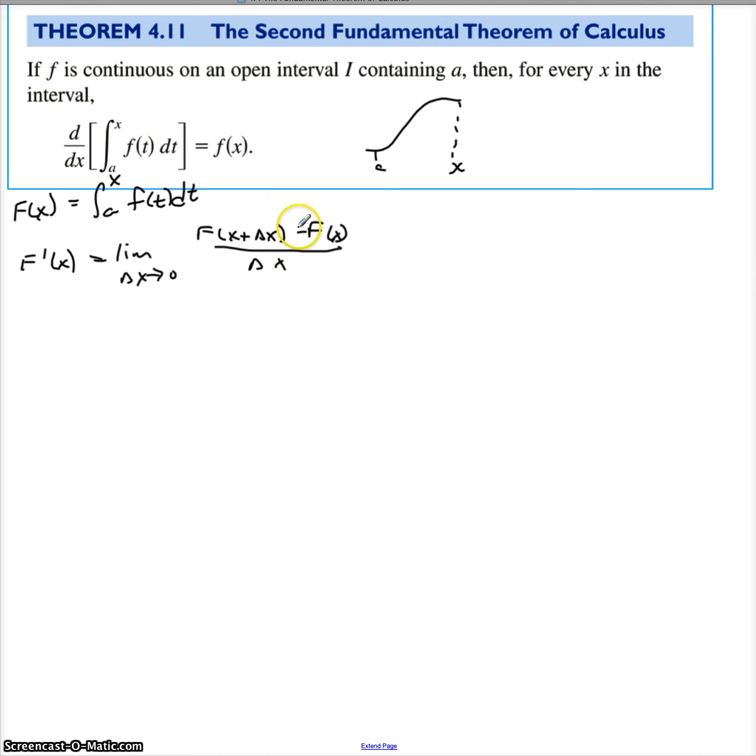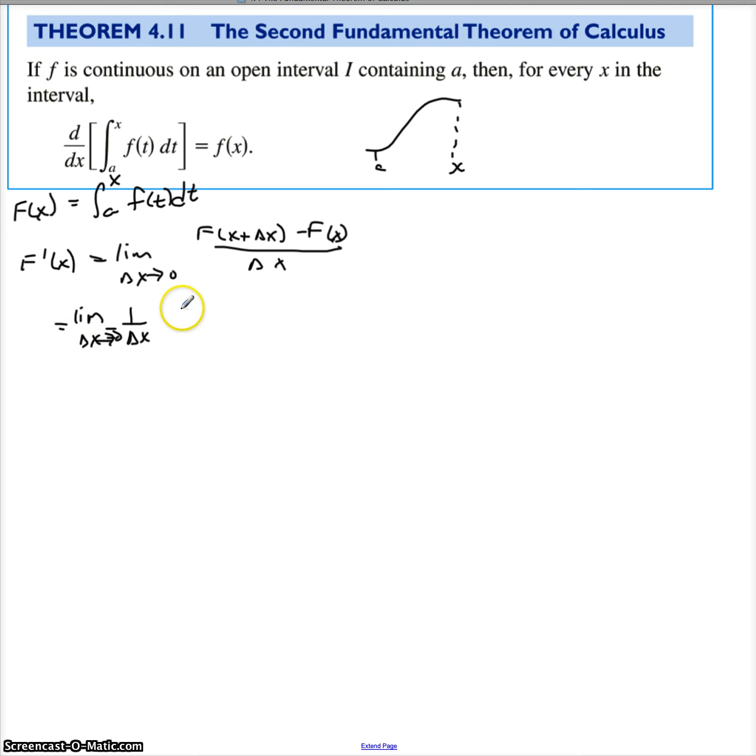All right, now what I'm going to do is pull out this 1 over delta x here. I probably should leave my limit in, shouldn't I? Limit as delta x goes to 0.